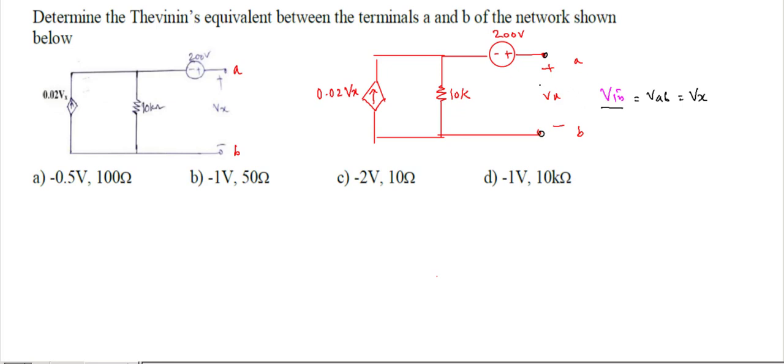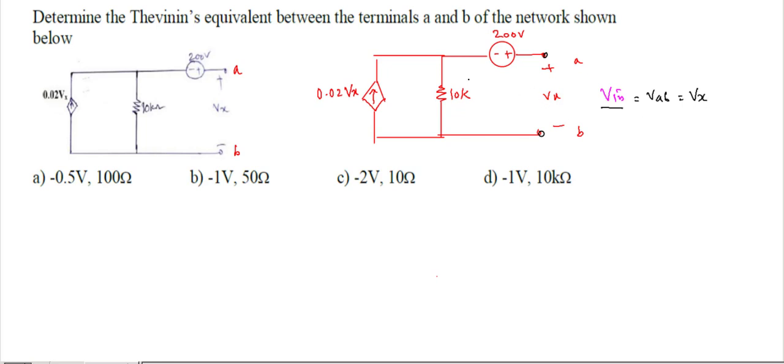Wherever I want to find Thevenin's voltage or Thevenin's resistance, I remove that. From that I calculate, and I replace the Thevenin's voltage and resistance in series and I place the load, whatever I have removed. So here I already removed it. So VTH equal to VAB equal to Vx.